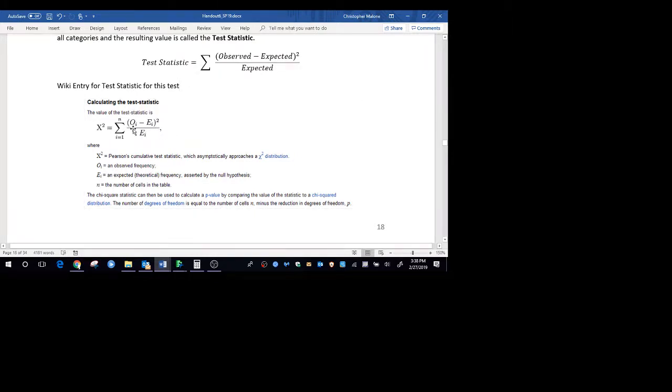The O stands for the observed. The E stands for the expected. I'm going to difference those, square them, and then divide by the expected. And I'm going to add up all of those across all of the categories. That's at the heart of the chi-square test.